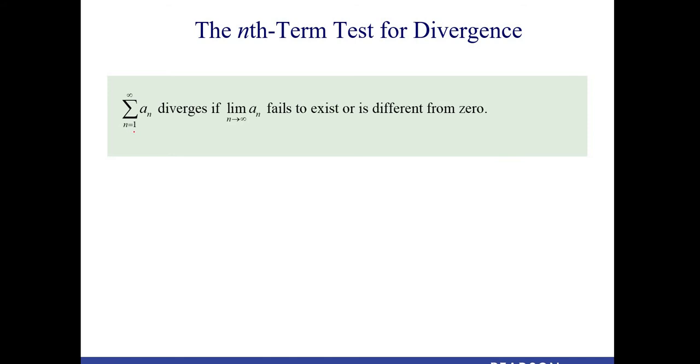The sum from n equals 1 to infinity of a sub n, any series, diverges if the limit of each term fails to exist or is different from 0.